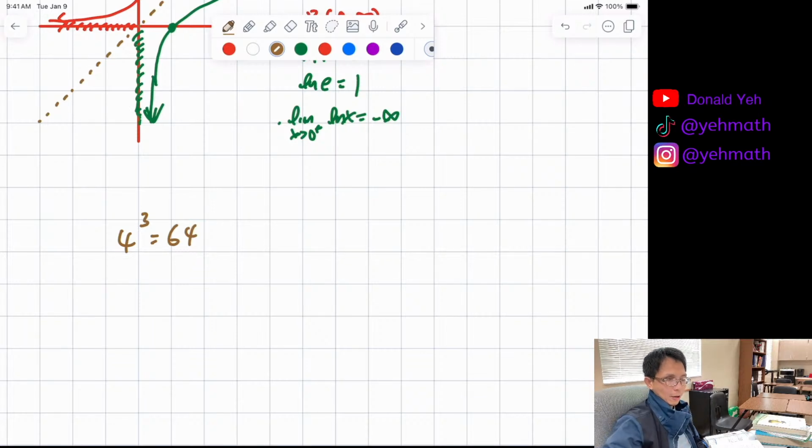But ln means log base e. Log means log base 10. So log base e of e, the e and e cancel out and it becomes 1. And they're inverses of each other.